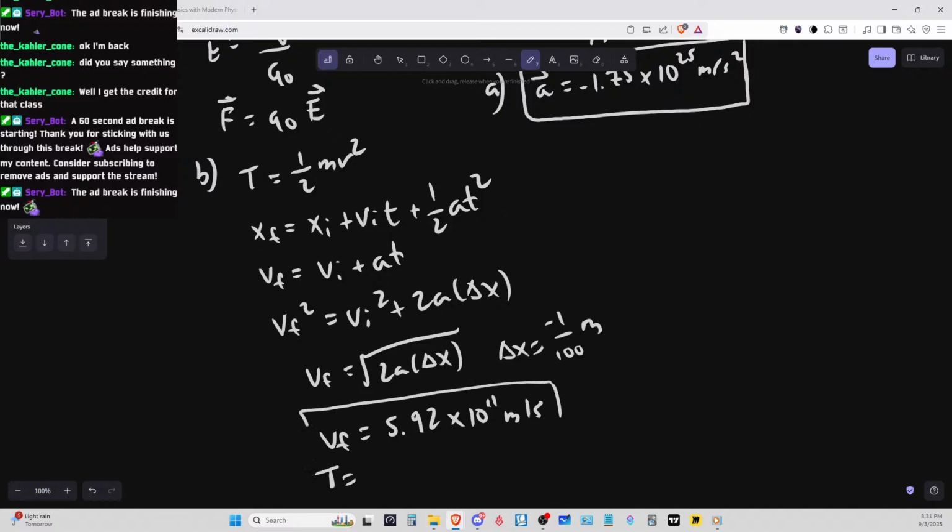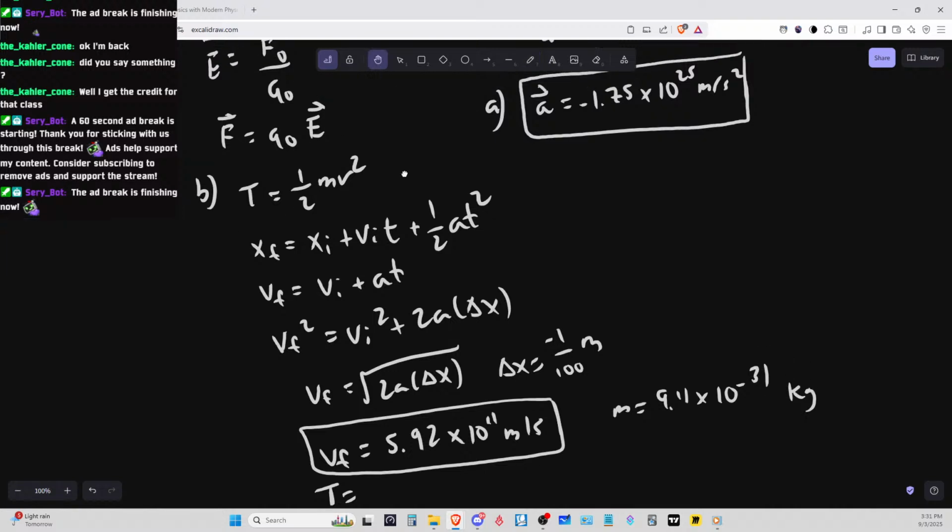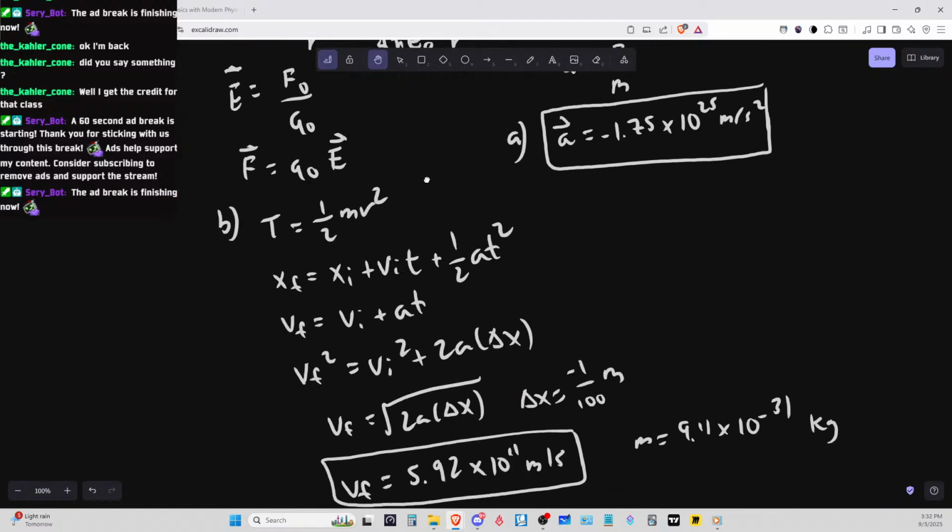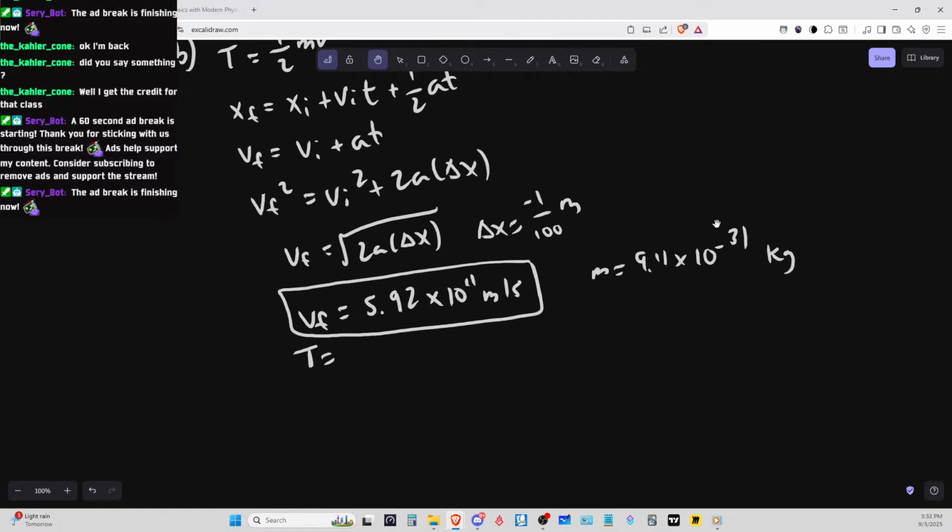So we got this. Now for the kinetic energy. I think the mass was 9.11 times 10 to the -31 kilograms. Is that it? Go back. Yep, I was right. Okay, cool. My memory is not failing me.